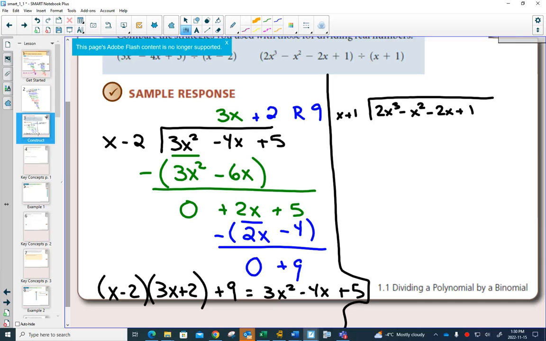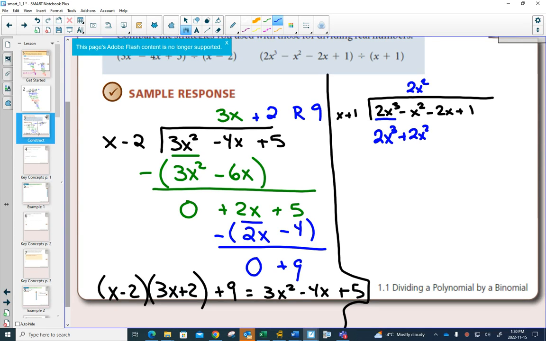We look at our first term, is it 2x cubed? Is there something you can multiply x plus 1 by to get a 2x cubed? 2x squared. We would write that above your x squared column. 2x squared times x, sure enough, that's 2x cubed, and 2x squared times plus 1 is plus 2x squared.